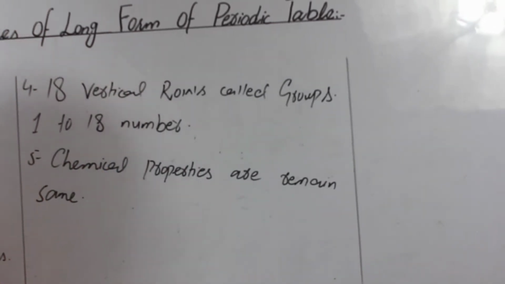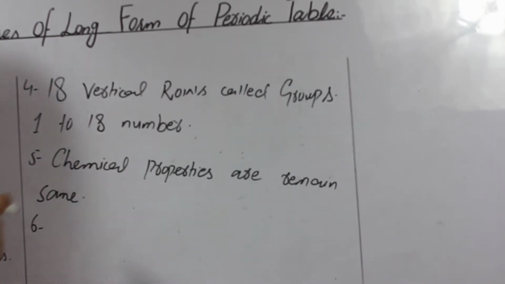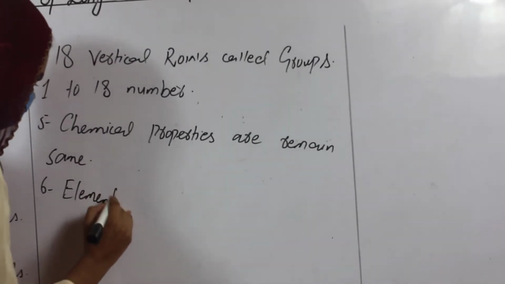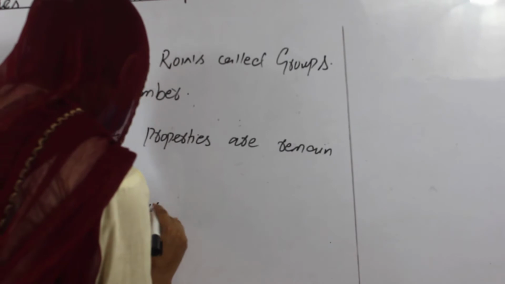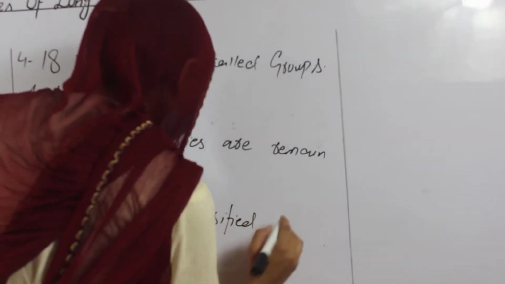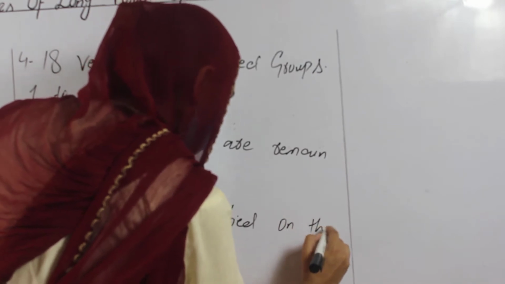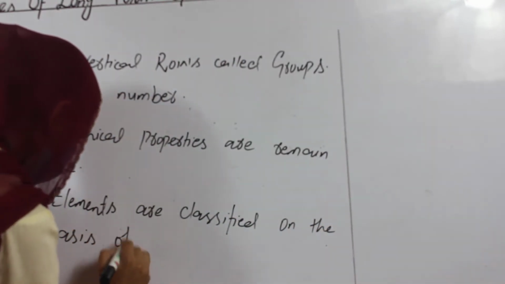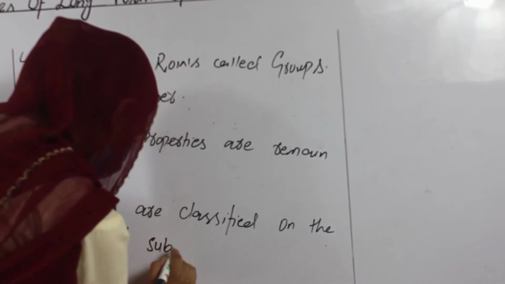Okay, next is the sixth and last property of the long form of the periodic table: elements are classified on the basis of subshells.